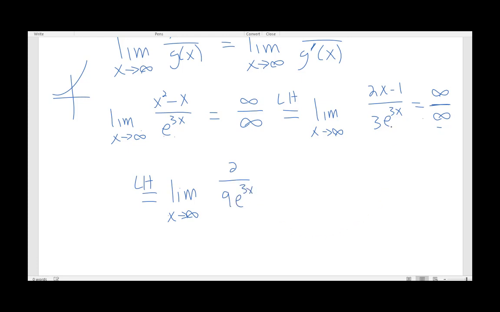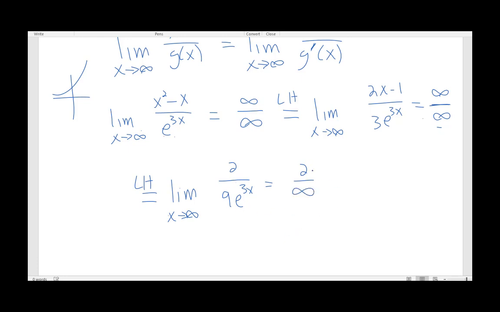Again, the derivative of e to the 3x is 3e to the 3x times this 3 gives me the 9. Now again, I'm being really loose mathematically. If I plug infinity in, if you will, in the numerator, I'm not going to infinity anymore. I just have 2 in the numerator. What's in the denominator still goes to infinity.